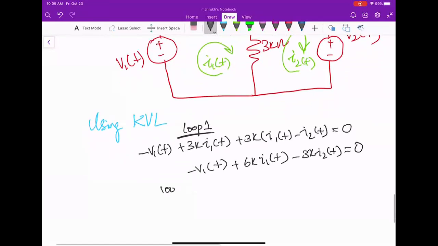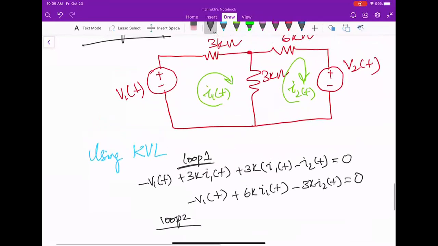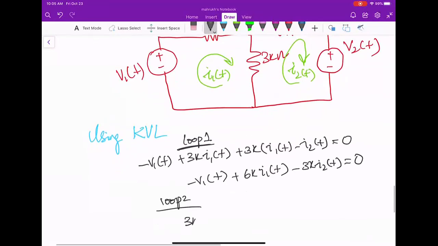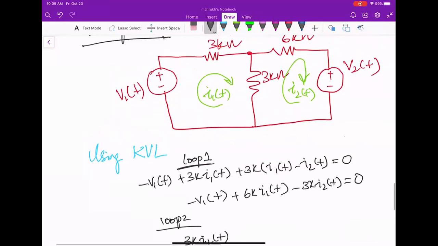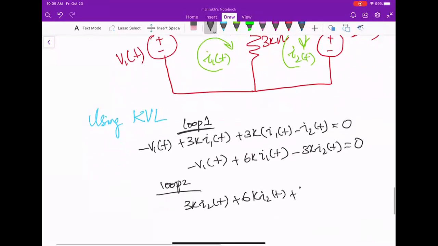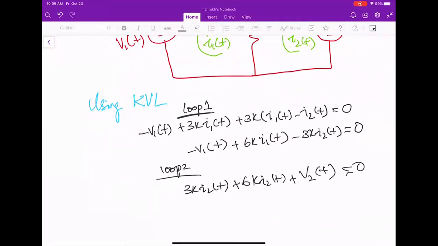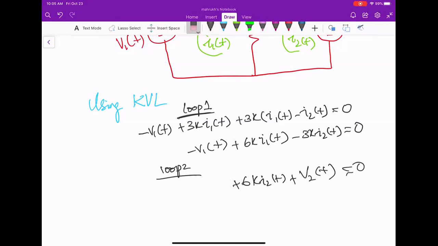And the loop 2 equation will be 3k I2 of t plus 6k I2 of t plus V2 of t is equal to 0. Here I should not do this.